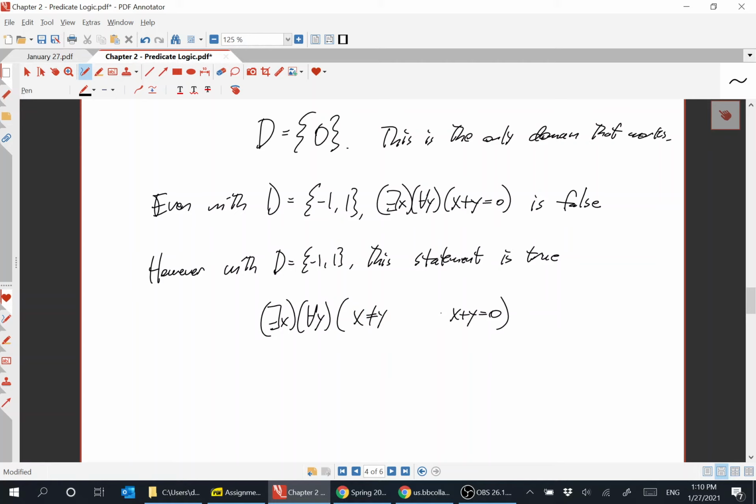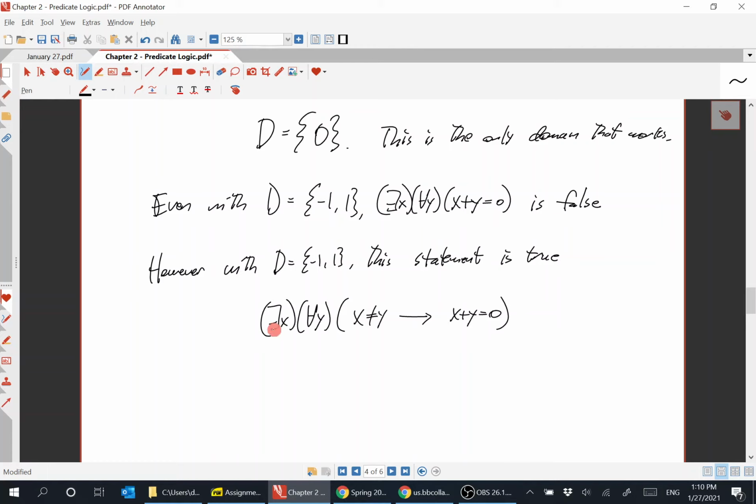And how do we connect? A comma? Or a semicolon? You have to use a logical connector. Implication, yeah. There exists an x such that for every y, x not equal to y implies x plus y is equal to 0.